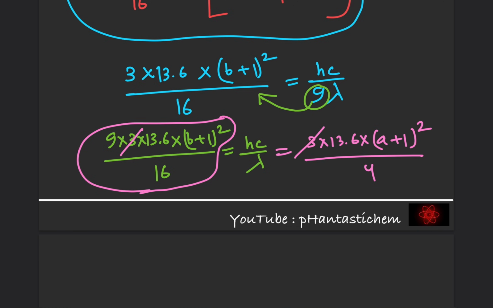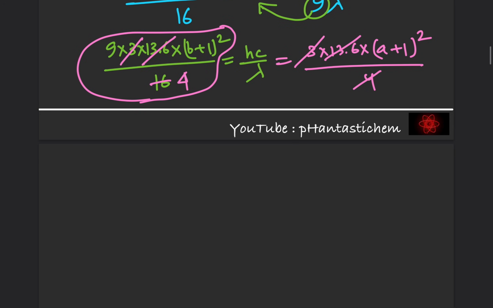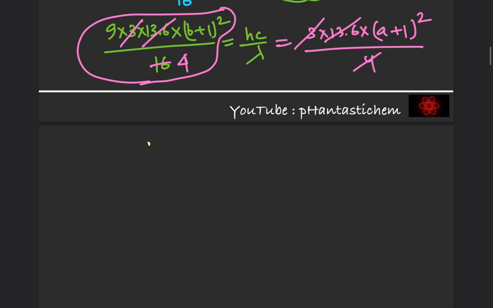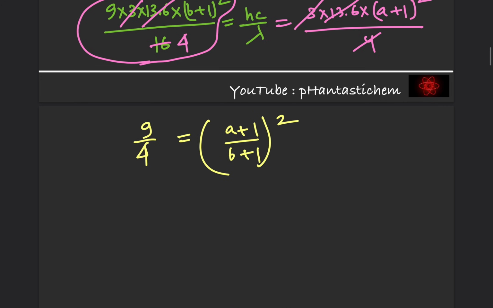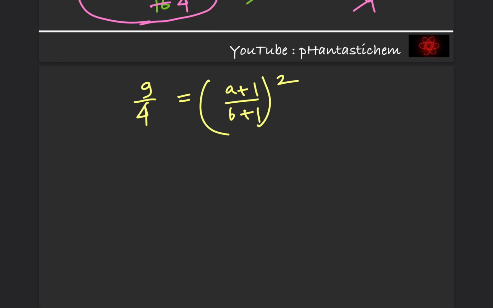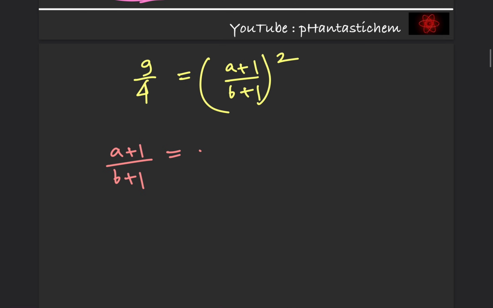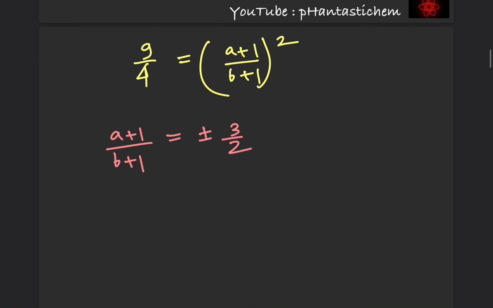So this 3 gets cancelled, 13.6 gets cancelled, 4 into 4 is 16. Ultimately I get 9 by 4 is equal to A plus 1 divided by B plus 1 whole square, right? So I can write A plus 1 divided by B plus 1 will be equal to plus or minus 3 by 2.